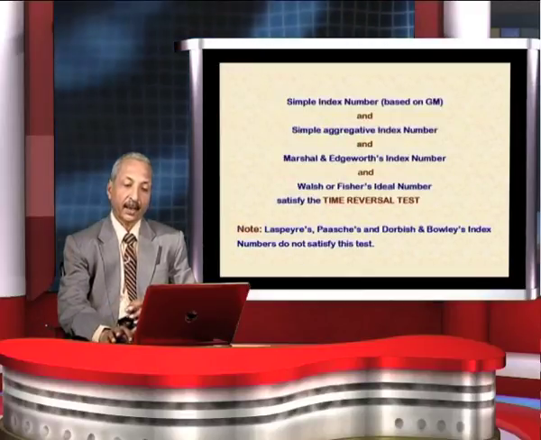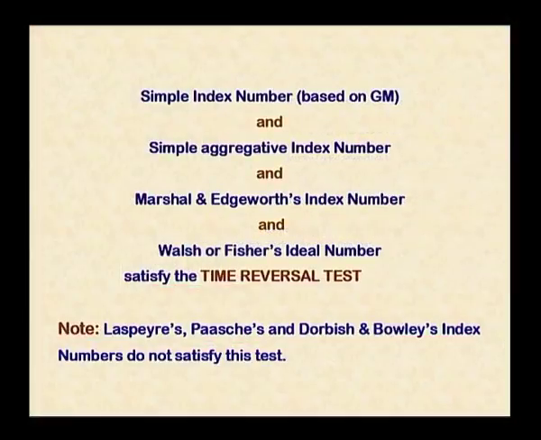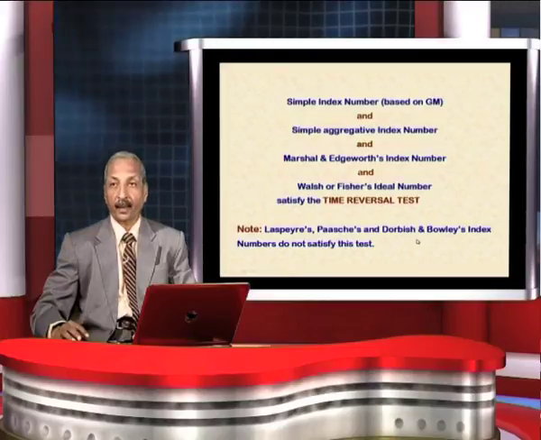Such index numbers are the simple index number based on geometric mean, simple aggregative index number as we have just seen, Marshall and Edgeworth's index number, and Walsh or Fisher's ideal index number. Here we note that Laspeyres, Paasche and Drobisch and Bowley index numbers do not satisfy this criteria.